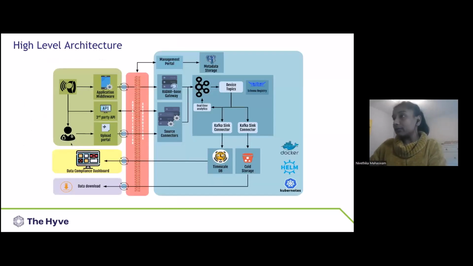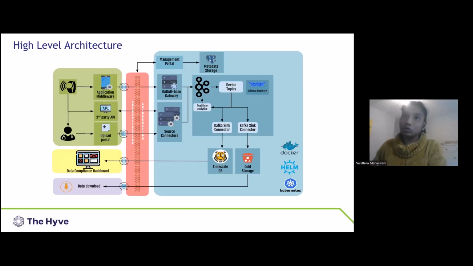This is a high-level architecture of the platform. So as you can see, there are multiple middlewares and connectors that we have. These are the client-facing applications that we have, and these applications would capture the data and send it to the platform. There's a database gateway, which will receive the data first, and then it will check if the data is coming from an authenticated user.